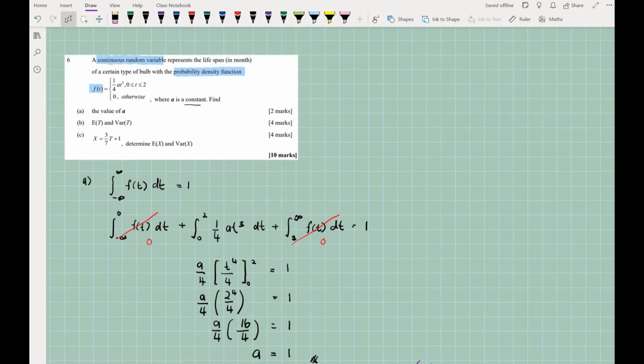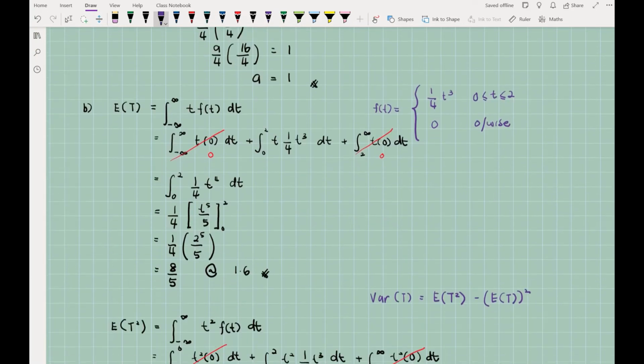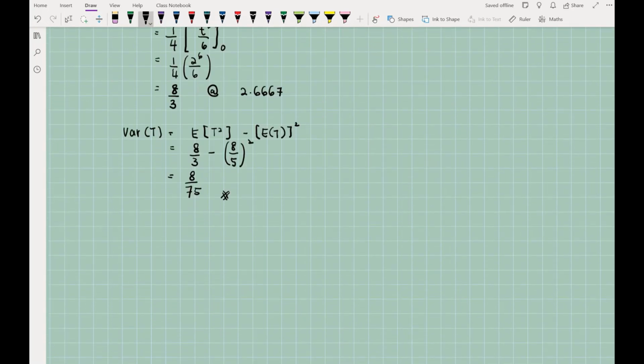Now let's move on to question C. Here you are given, it doesn't say the word given but it gives directly, X is 3/7T plus 1. So we need to determine the expected value of X and also variance of X. So how do we do it here? You have to remember the properties. We know X is equal to 3/7T plus 1.